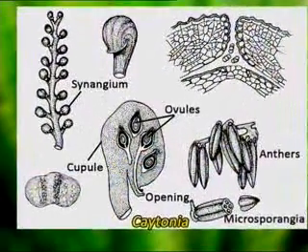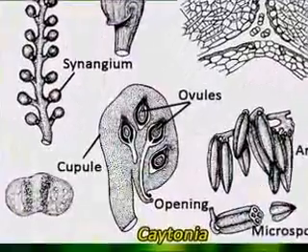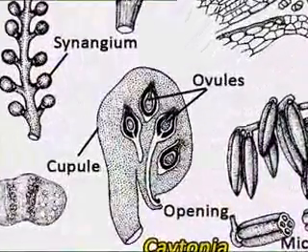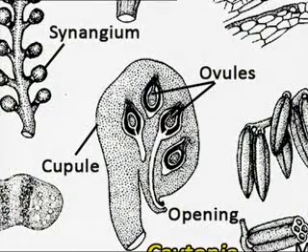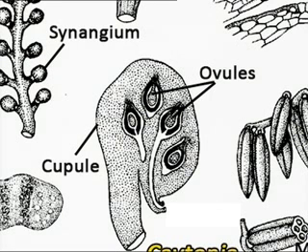The female reproductive structures of Caytonia consist of a spike-like arrangement of units that have been termed cupules. Each cupule encloses a cluster of unitegmic ovules or seeds, with a small opening in the cupule near the proximal end.